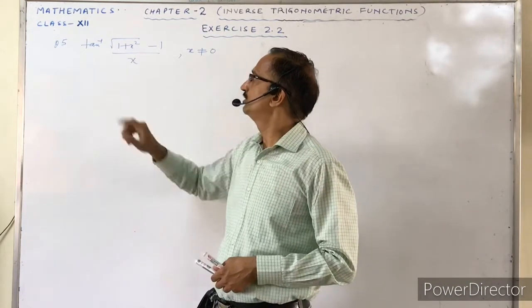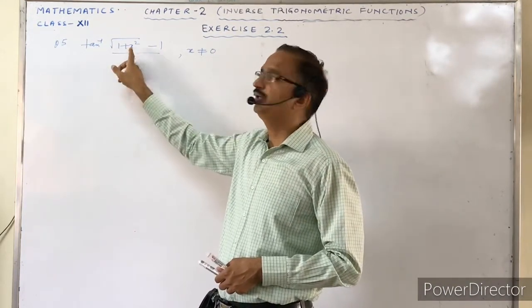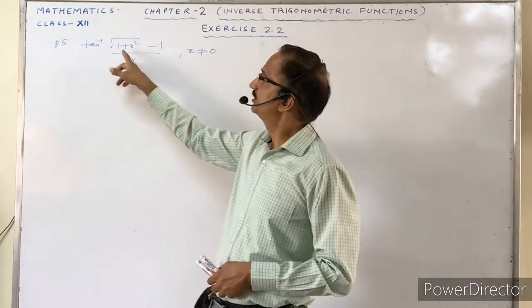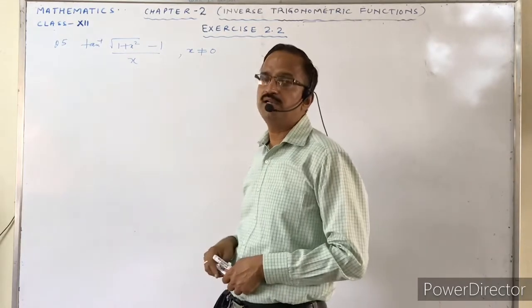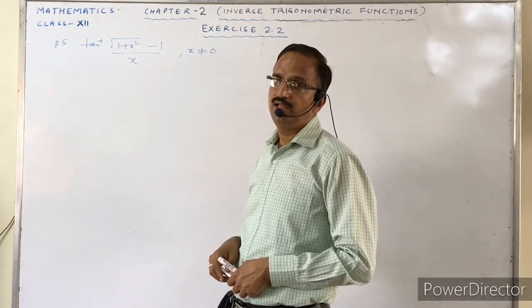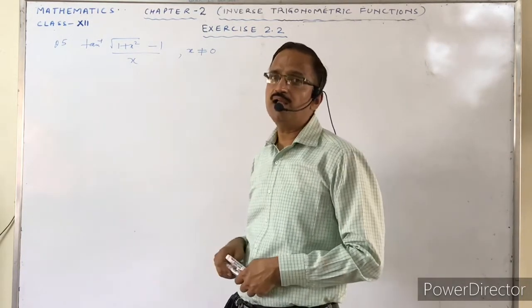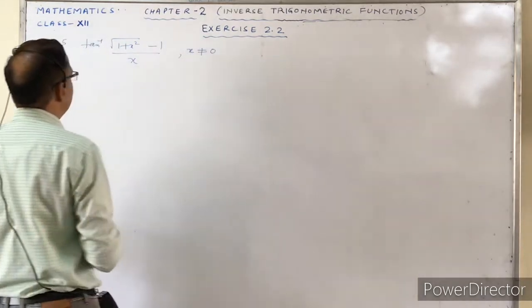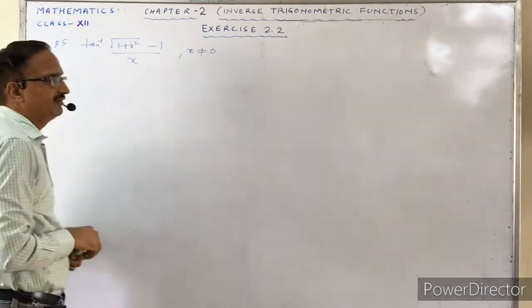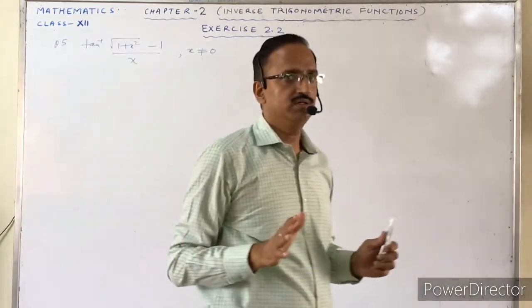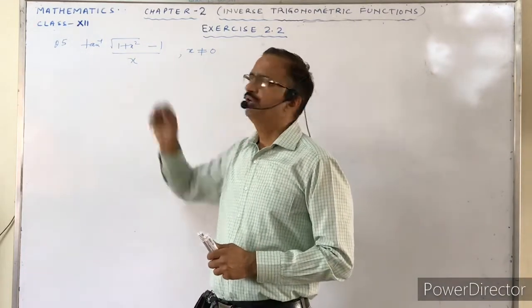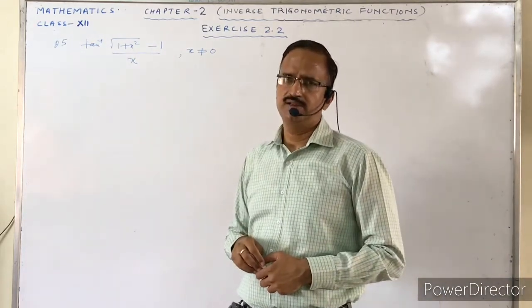If we put x equals tan theta, then 1 plus tan square theta is sec square theta, and this comes out from the square root. So in general, not sure for 100%, if this is tan inverse, you can put tan theta.